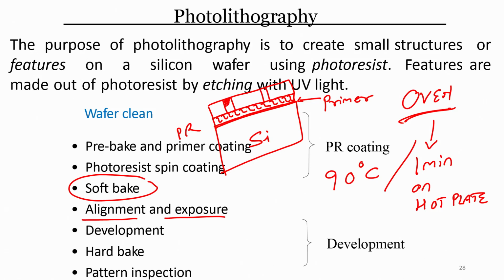We will talk about the mask and photoresist, how it will work depending on its type. Masks are also classified depending on their pattern, that we will discuss later. So, this is your mask.